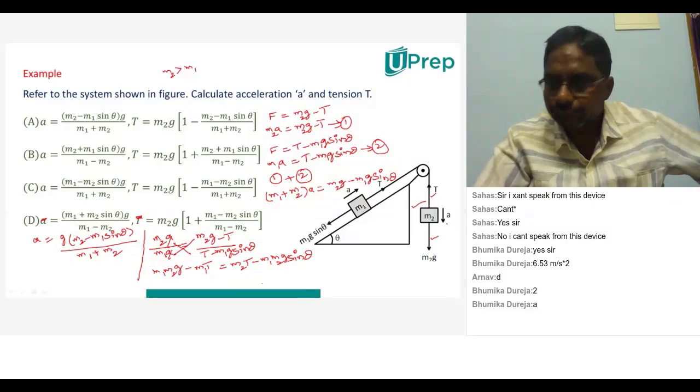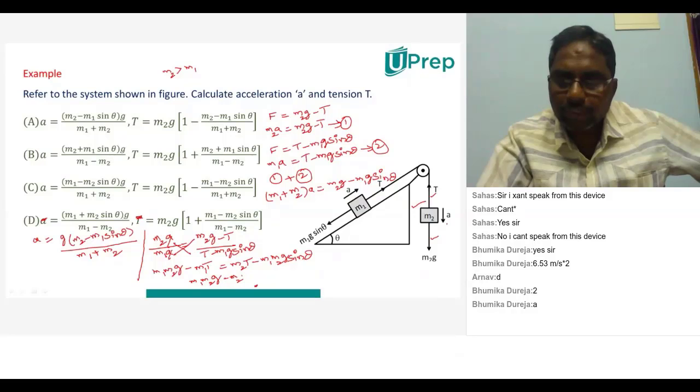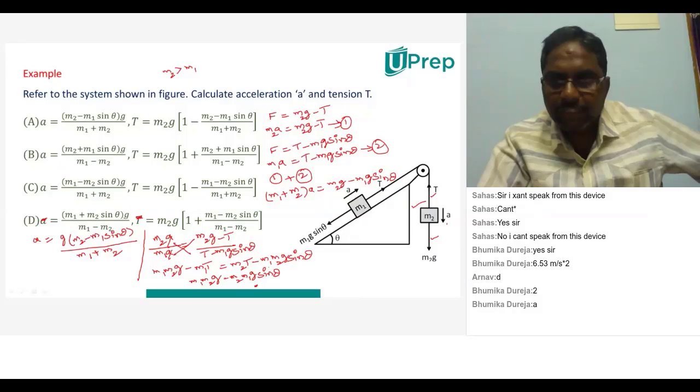Okay, I'll write here. Now here m1 m2g minus m2 m1g sine theta, minus, or plus I can write if it comes to this side, is equal to m1 plus m2 common T.